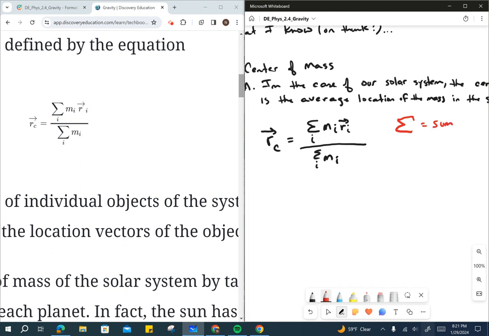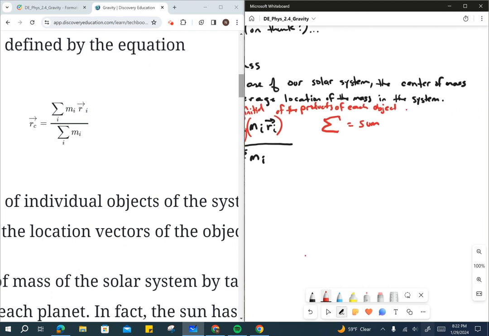And we have the sum initial of the products of each object's mass and location initially.